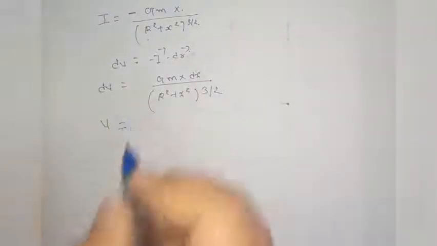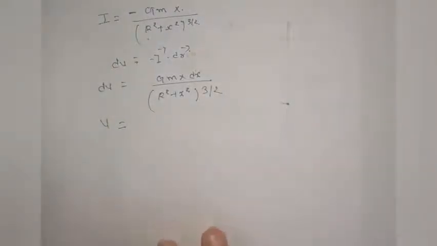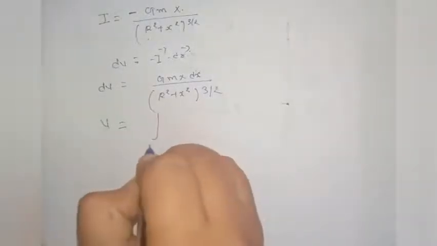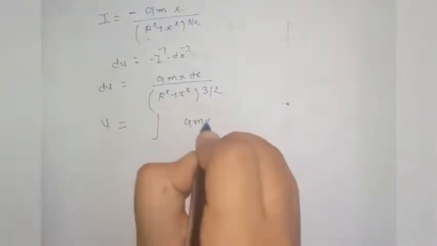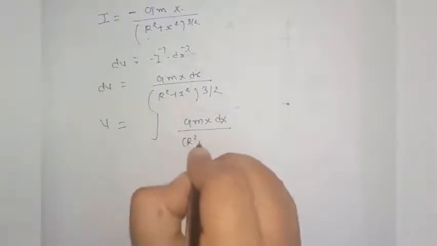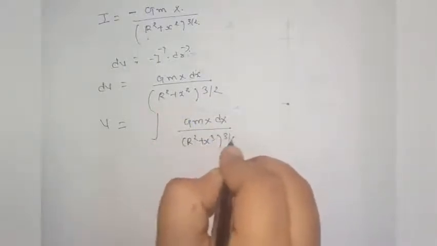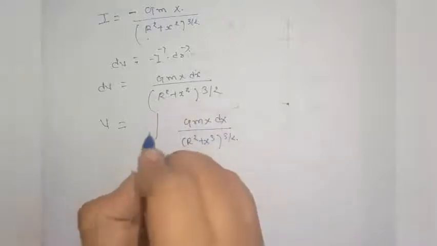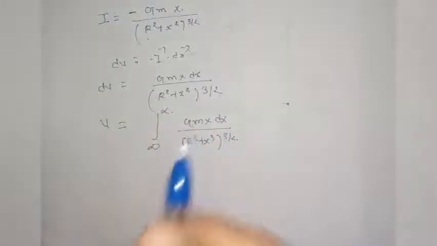V will be equal to integration of GMx dx divided by (r squared plus x squared) whole power 3 by 2, with limits from infinity to x.